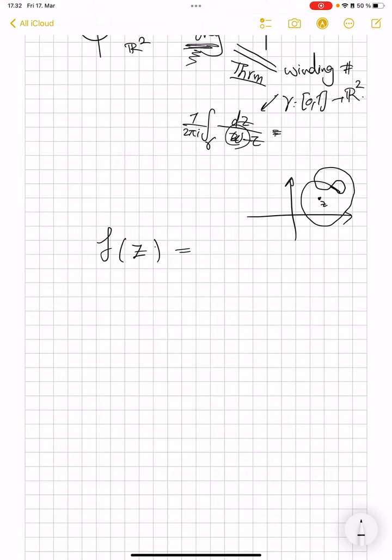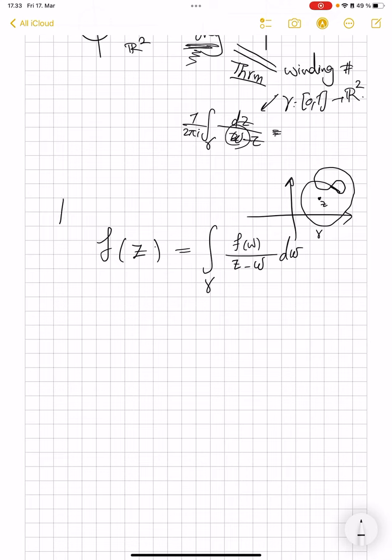Then the claim is that the value of f at z is some integral over this curve of f(w) over something like w minus z, dw. So a line integral along the curve.